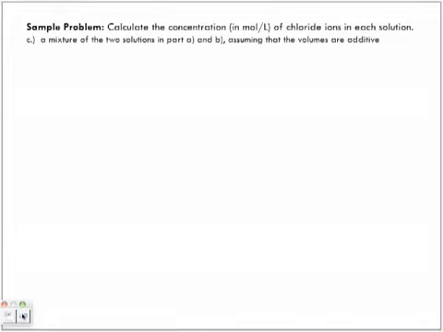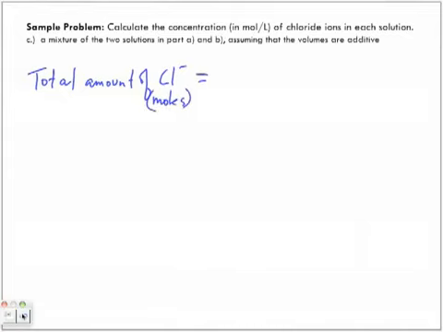So let's look at the total combination of moles. If we look at the total amount of Cl that we've collected, in terms of moles, we had 0.266 plus 0.478.